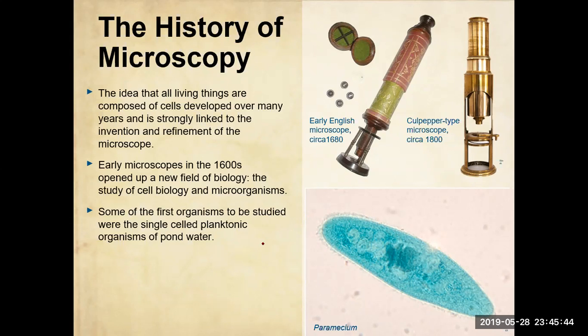We are also going to study pond water: we will take a sample from the lake and observe the microorganisms under the microscope. This beautiful paramecium is one of them. We were supposed to find this paramecium when we take a sample from the water.